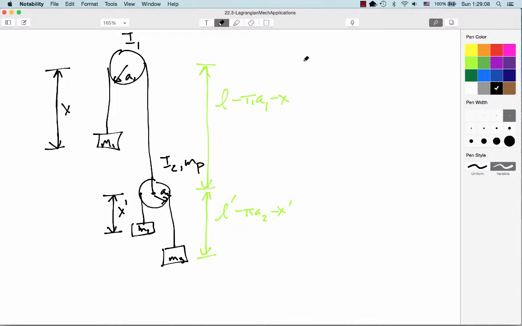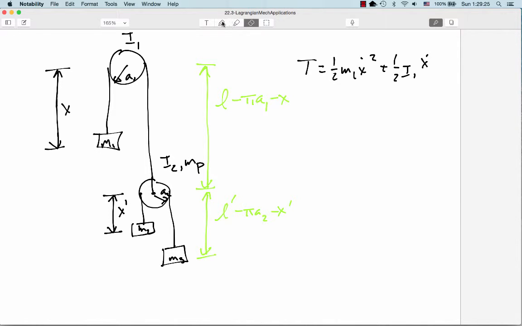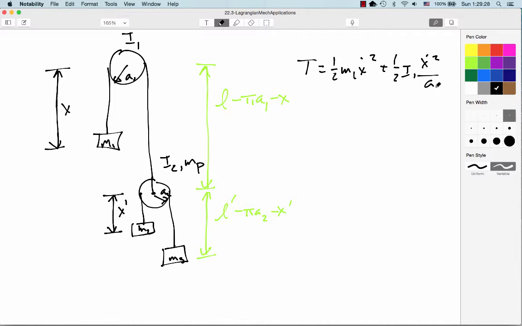So with all of that, we can start writing our kinetic energy. So T equals 1/2 m1 x dot squared plus, so that's that. Then we'll add in the pulley, 1/2 I1. Now the omega is going to be x dot squared over A1 squared plus, we have the translational kinetic energy of this pulley. We'll have to do the rotational a bit, but plus 1/2 mp x dot squared plus 1/2 m2.